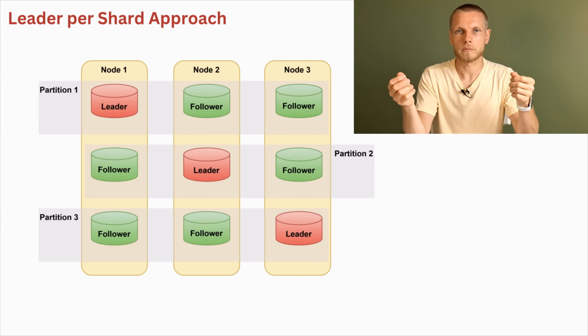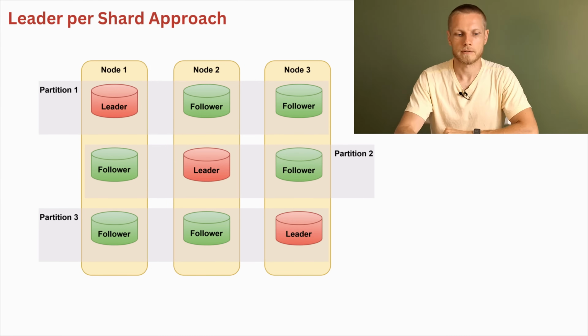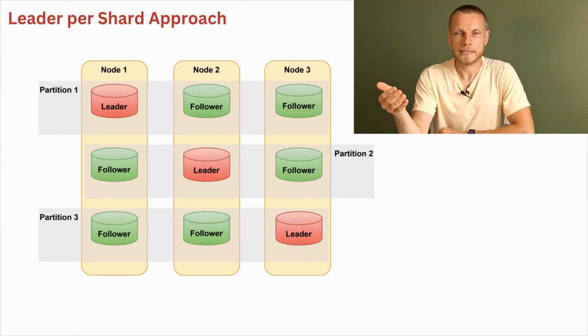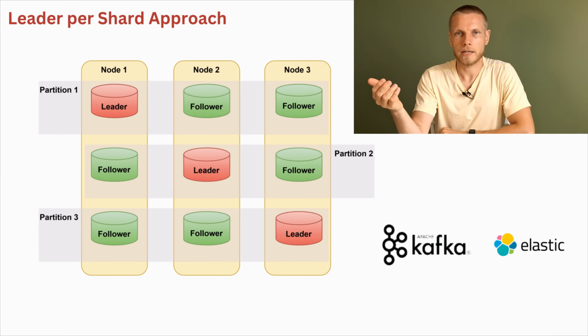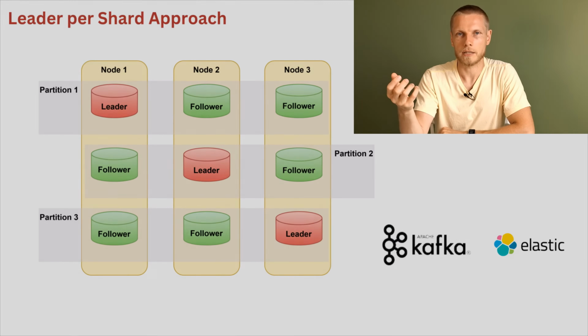And also there could be some restrictions or difficulties in cross-boundary transactions which involve multiple partitions. The most known examples of real systems which use that technology are Kafka and Elasticsearch. In Kafka terminology, nodes are called brokers and shards are called partitions. In Elasticsearch, for example, we speak about nodes and shards.